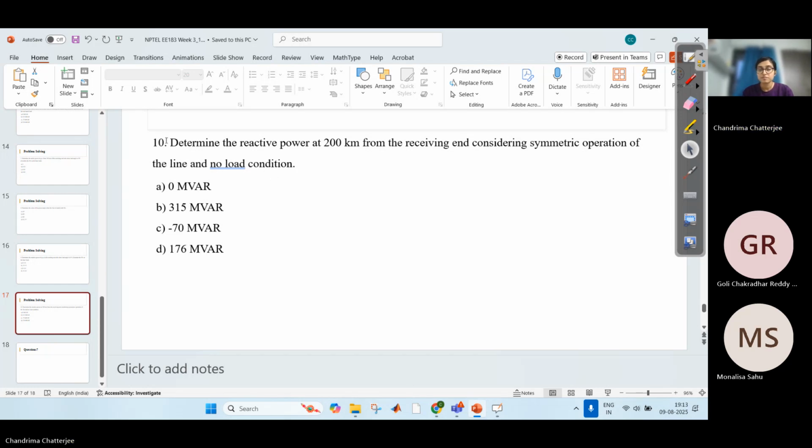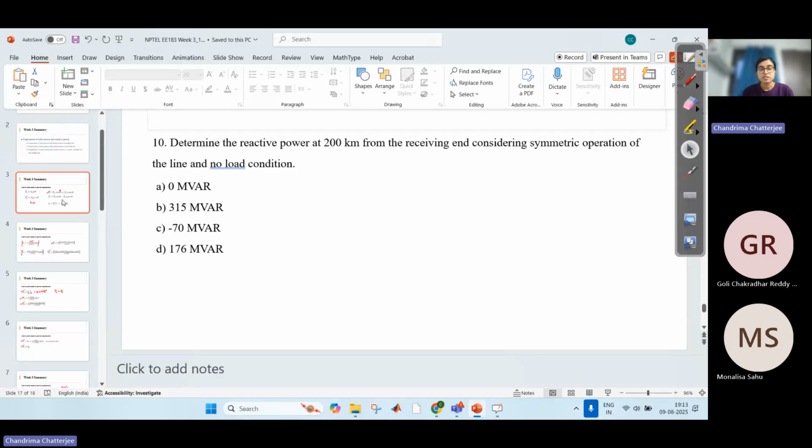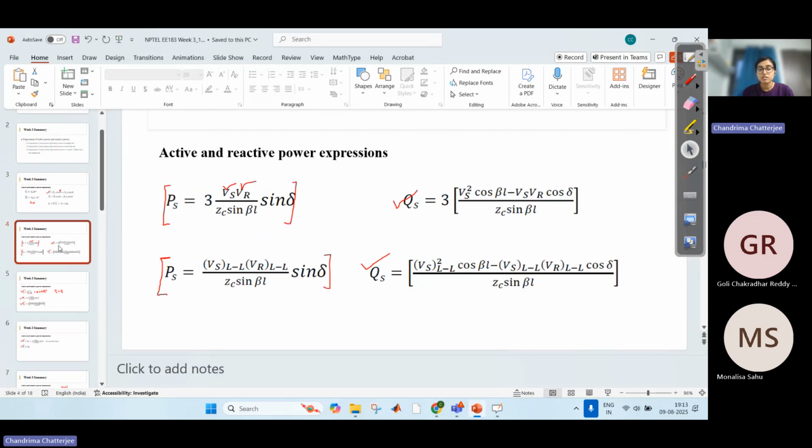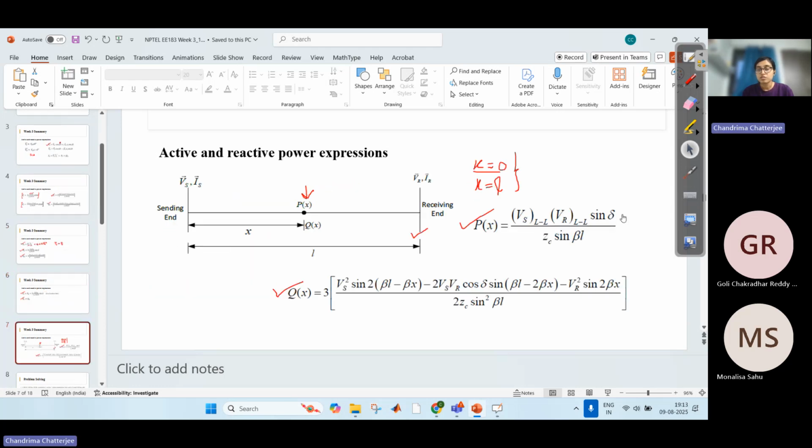Okay. Now we have this big bulky expression over here that we need to use for this. Yeah, so we need to use this expression for Qx. And they have given 200 km from the receiving end, the distance.